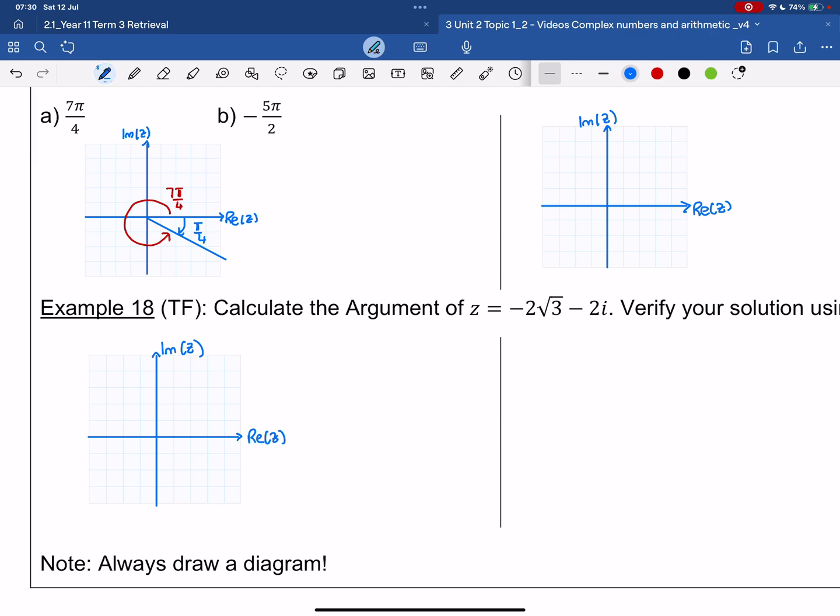Now we need a domain, so our domain that we're looking for is between negative pi and pi. So this is where negative pi would be, and that goes all the way around to positive pi, okay?